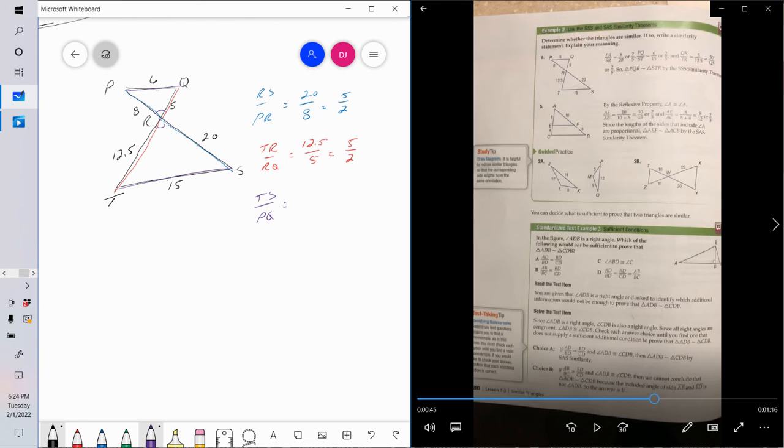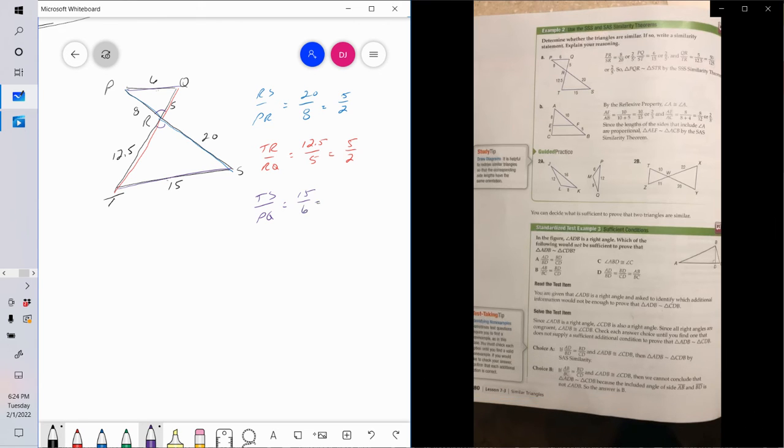And that's going to give me 15 over 6, which they were both divided by 3, gives me 5 halves. So we do have a constant scale factor. So the 3 sides of one triangle are proportional to the 3 sides of another triangle. So by side similarity, I know that the two triangles are similar.